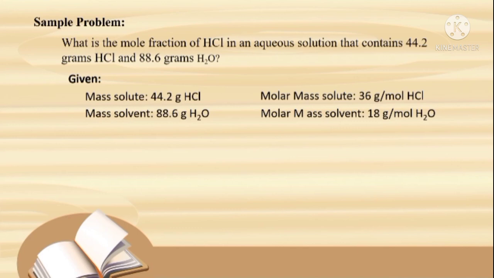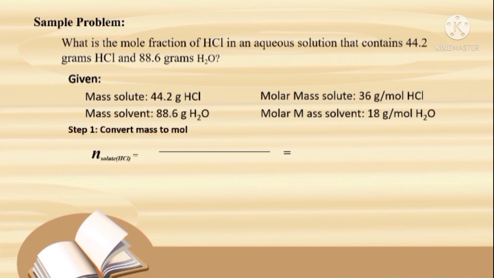For you to refresh on how to calculate molar mass, please watch the instructional video with file name Stoichiometry in a Large Scale. Since we already have the masses and molar masses of the solute and the solvent, we can now convert mass to mole by dividing given mass by its corresponding molar mass.